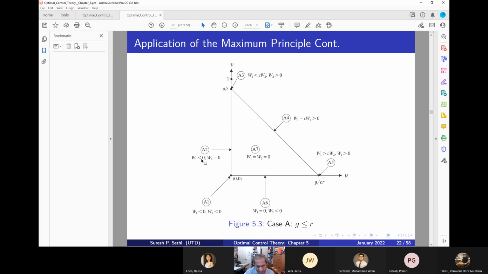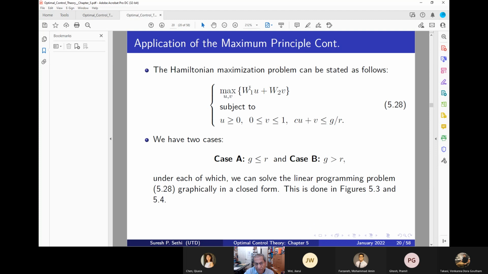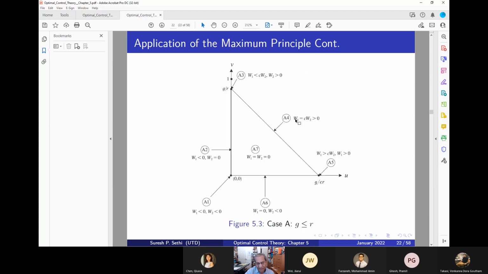And notice when W1 is less than 0 and W2 equals 0, U will be 0. But W2 is equal to 0, so W2 is singular. So V can be anywhere between 0 and 1, or 0 and G by R in this case. It says that V can be anywhere along this line.